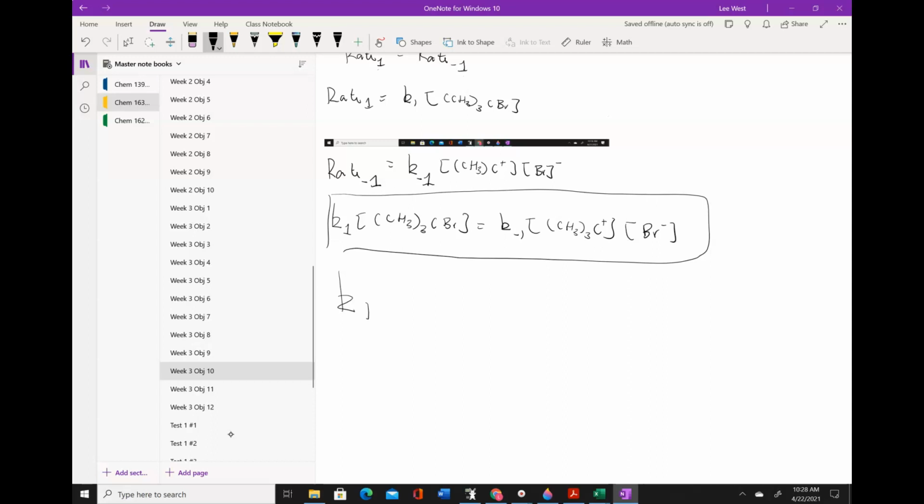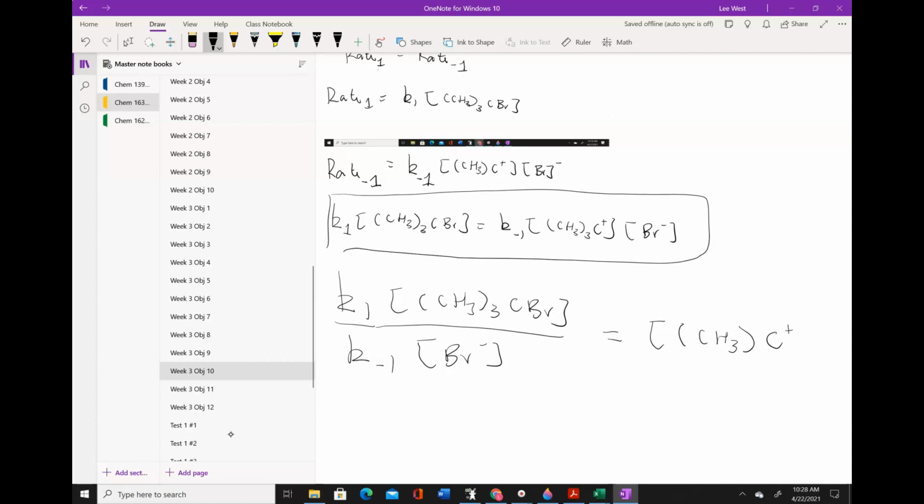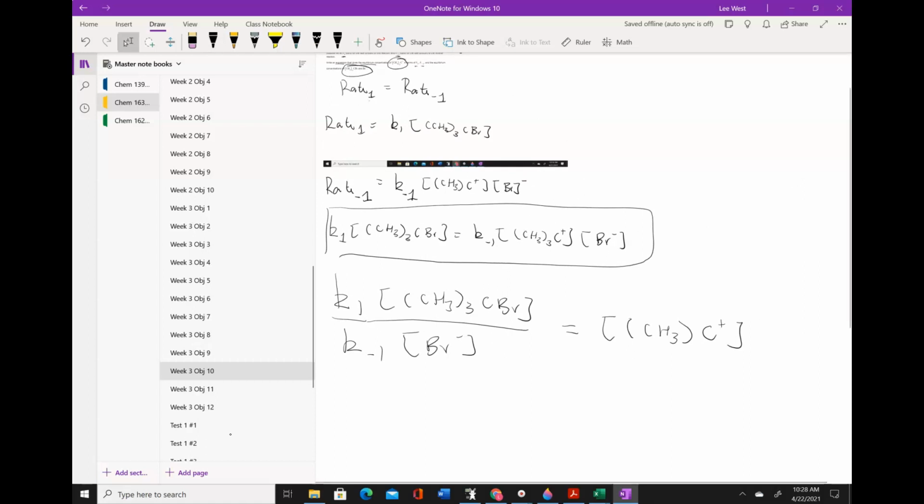So it's going to be K1 on K minus 1 multiplied by (CH3)3CBr over Br minus, and that's going to be equal to the concentration of the thing that we're interested in. So what we were able to do is write the concentration of this thing in terms of the concentrations of other things.